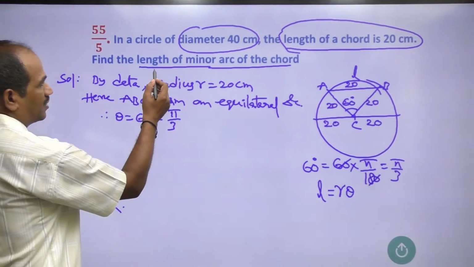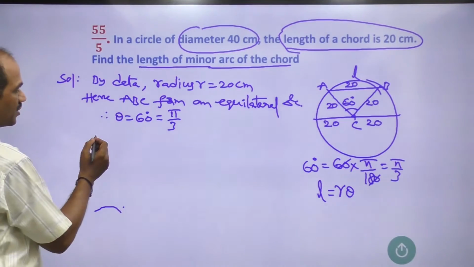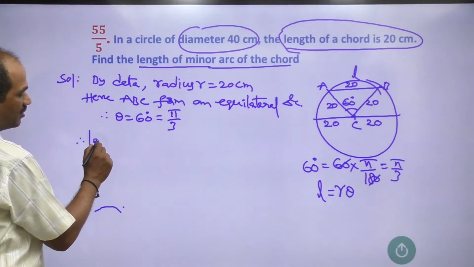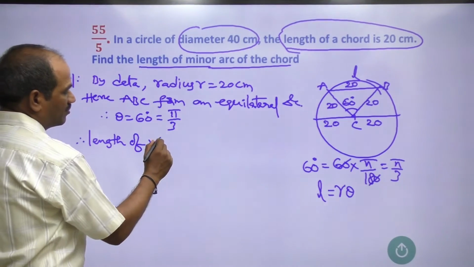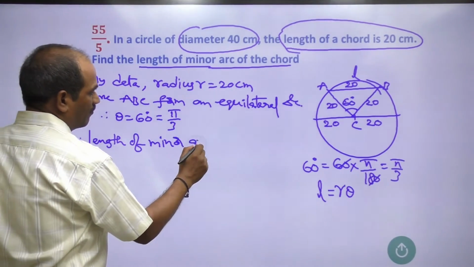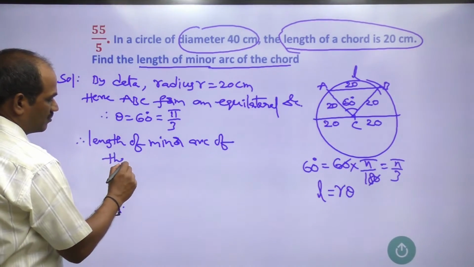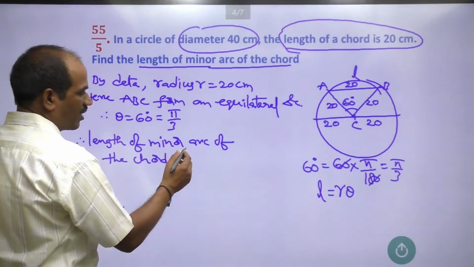Next, find the length of the minor arc of the chord.